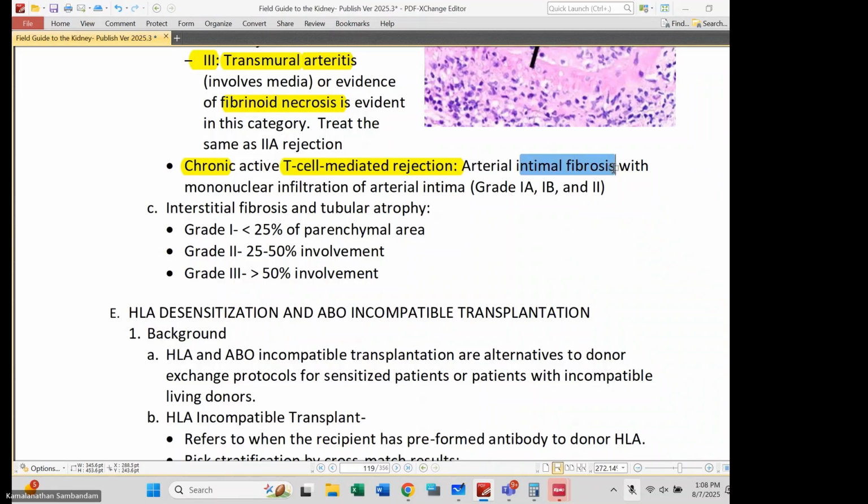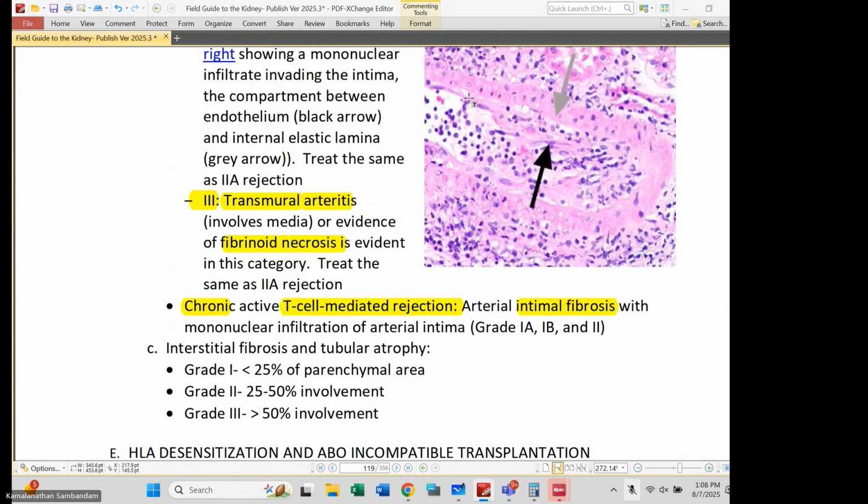Chronic active T cell mediated rejection is a more fuzzy diagnosis. I'm seeing intimal fibrosis. Remember, intima should be pretty non-distinct. The intima and media are pretty much juxtaposed. Once I see the intima being lifted by an acellular matrix of pinkish stuff, that's intimal fibrosis.